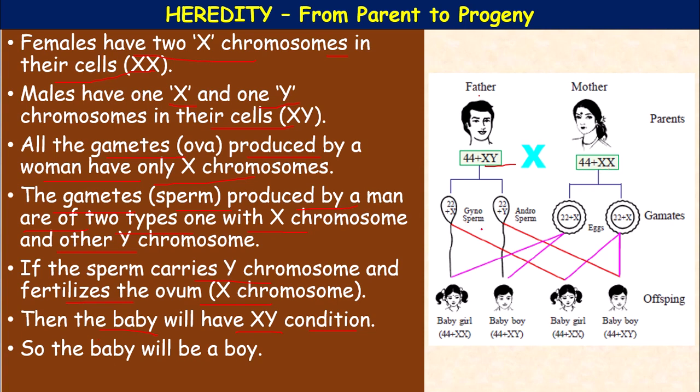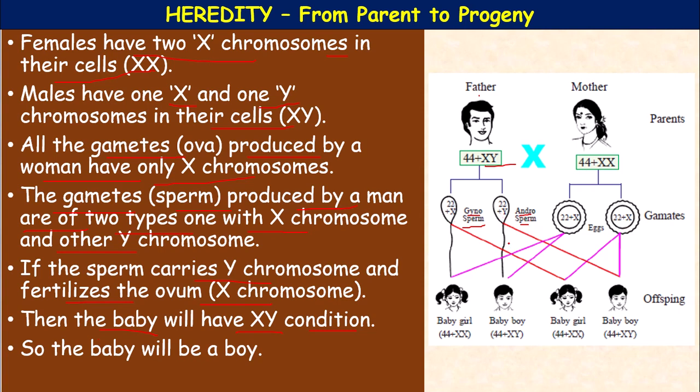So, the children born, here the combination: the gynosperm, you can see 23 plus X chromosome, and 23 plus Y chromosome, the androsperm. Gynosperm means the sperm which represents the female, and the androsperm represents the male.